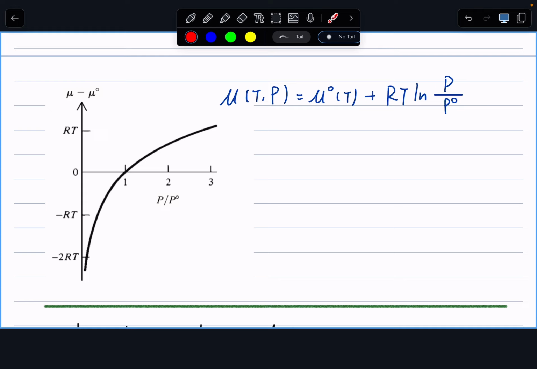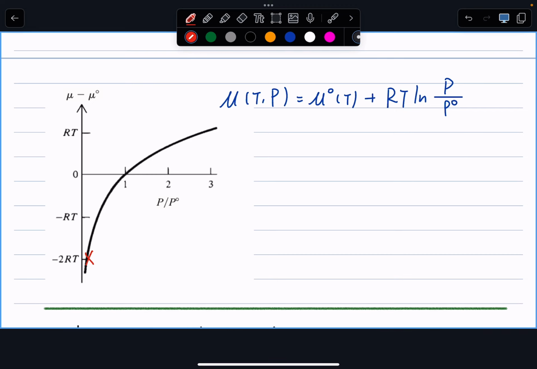Now let's look at some points on this graph and think about what they mean. What's the physical meaning behind some point on this plot? Imagine I'm putting it at this point here. What exactly is happening at that point? At this point, my P over P naught is approaching 0.